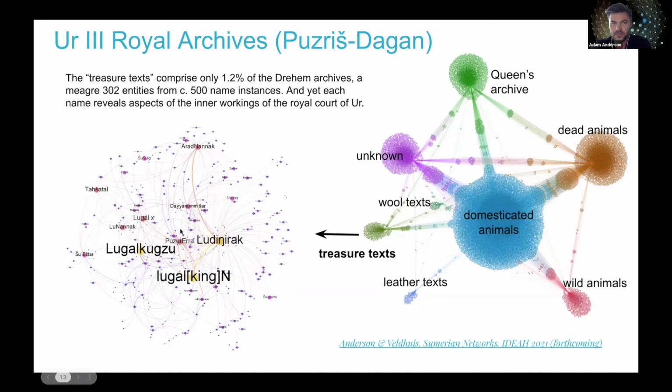So going from 500 name instances that we see here to 302 entities that we are suggesting could be the real person recorded.